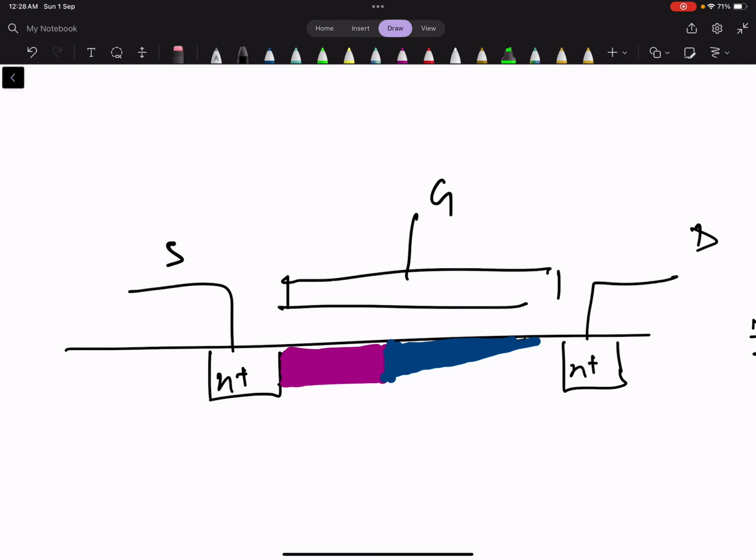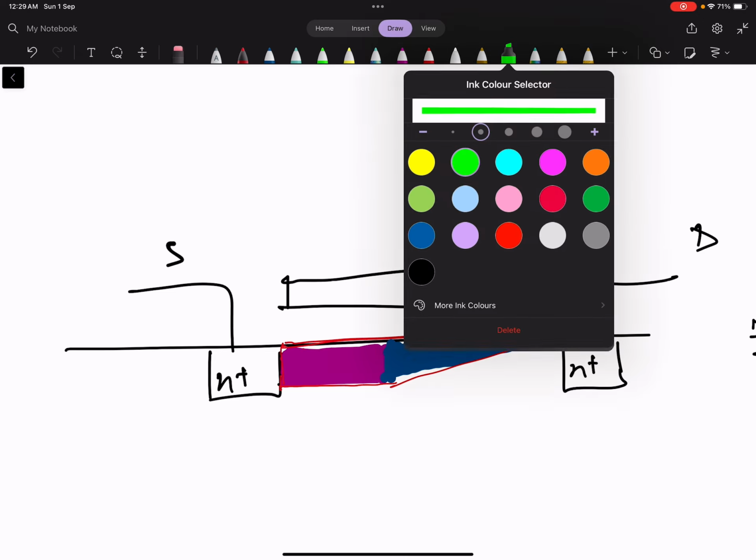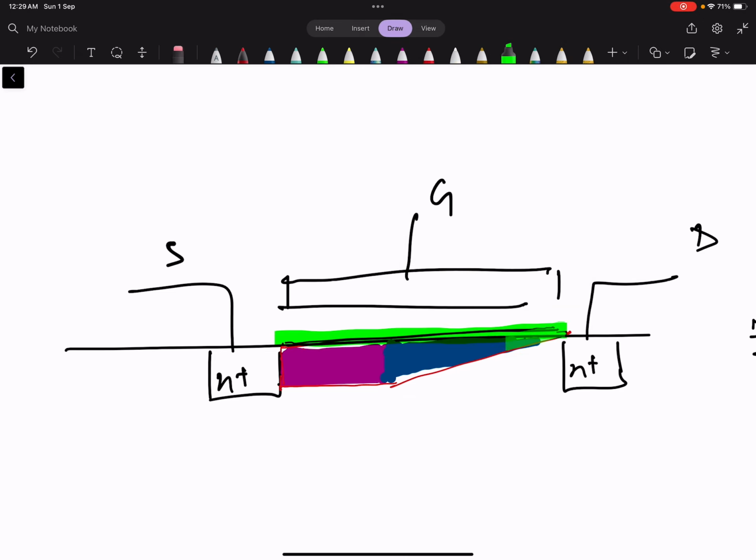So first thing I want you to see from this snapshot that if, let's say, this is your total L, this one I have marked. What I did is I have split this total L into sub parts.